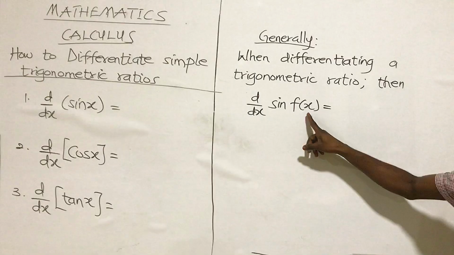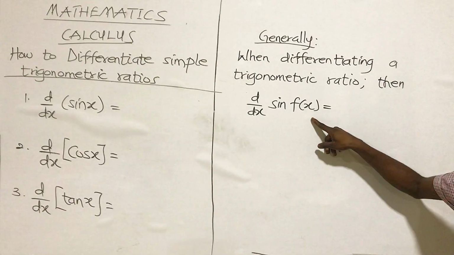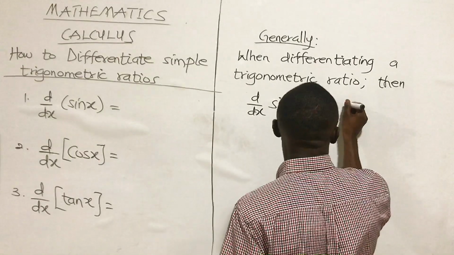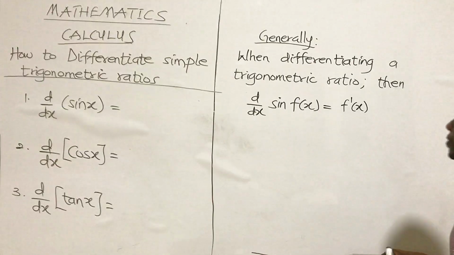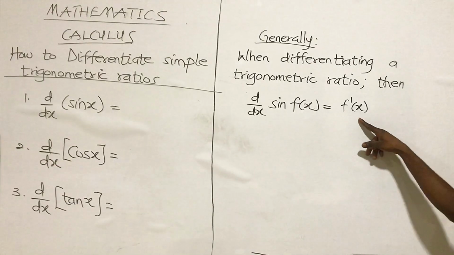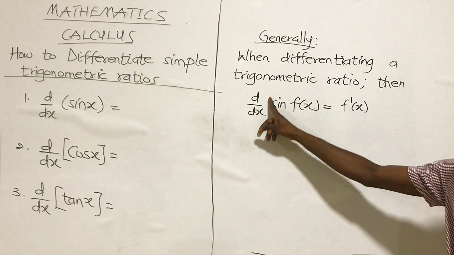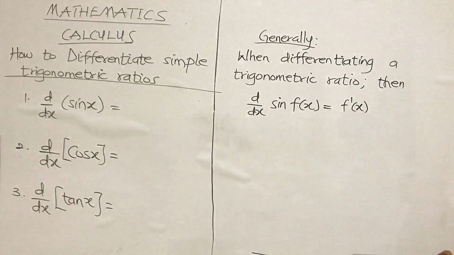You are going to first of all differentiate the function we have here. So when you differentiate f of x, we get f prime of x. Then this f prime of x, we are going to use it to multiply the coefficient of the sine. But we know that the coefficient of sine here is 1.